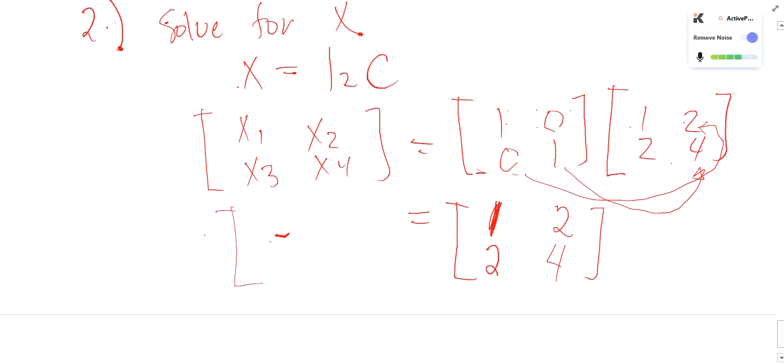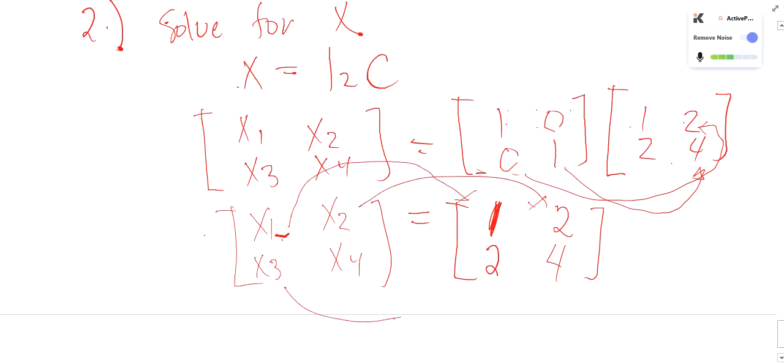So yan yung magiging element ng ating matrix. So ano na yung magiging value ng x? So yung x1 natin equal siya sa 1, yung x2 natin equal siya sa 2, yung x3 natin equal siya sa 2, and yung x4 natin equal siya sa 4. So yan yung magiging sagot for the second problem.